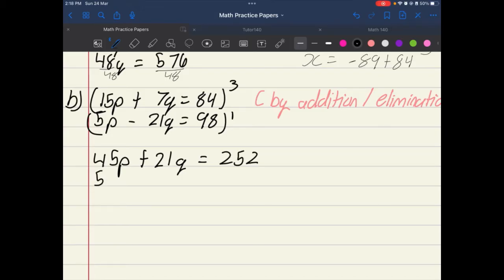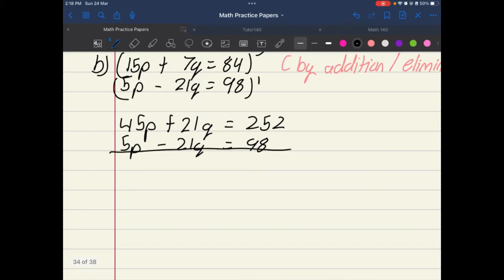And then we have 5p minus 21q is equal to 98. Now we want to add these. 45p plus 5p is 50p. These cancel, so that's plus 0 is equal to 252 plus 98. That's 350. So now you want to divide by 50.